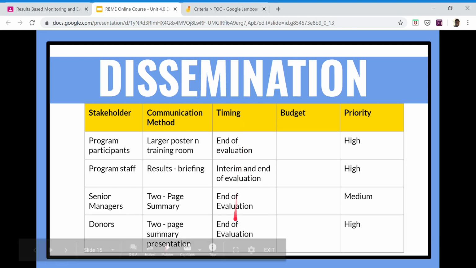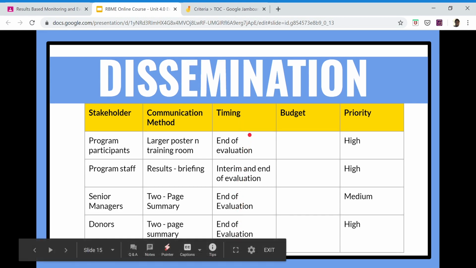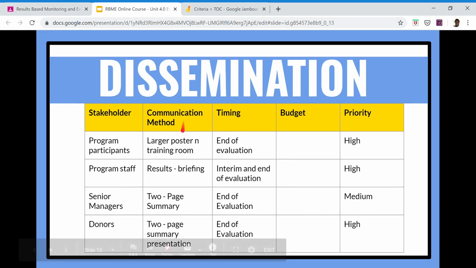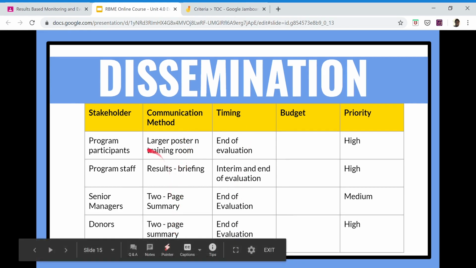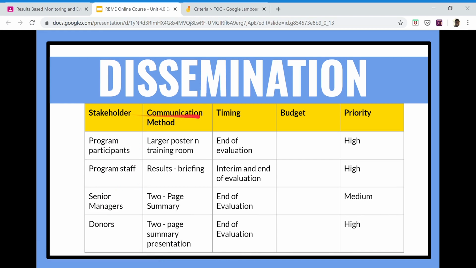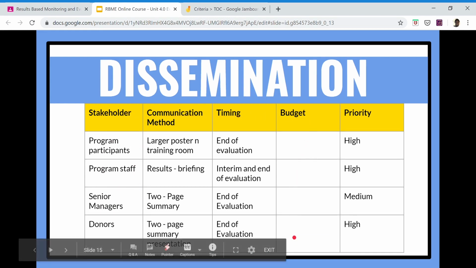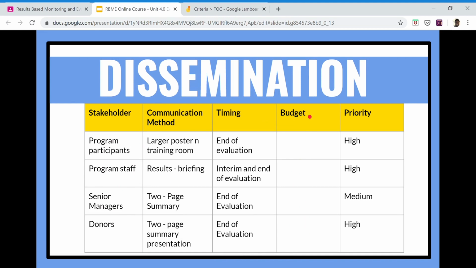So this timing means when you're supposed to communicate this, using this methodology, to this set of stakeholders. You can think about a budget for each, how much that would take. During consulting in week 5, we will discuss budgeting for M&E consulting.